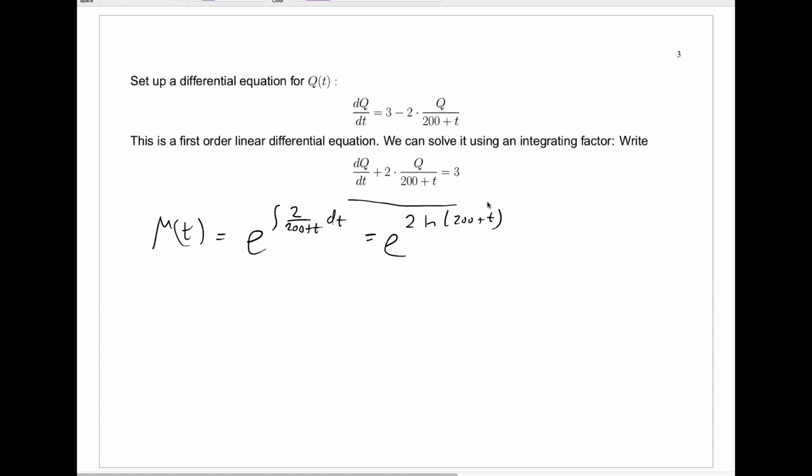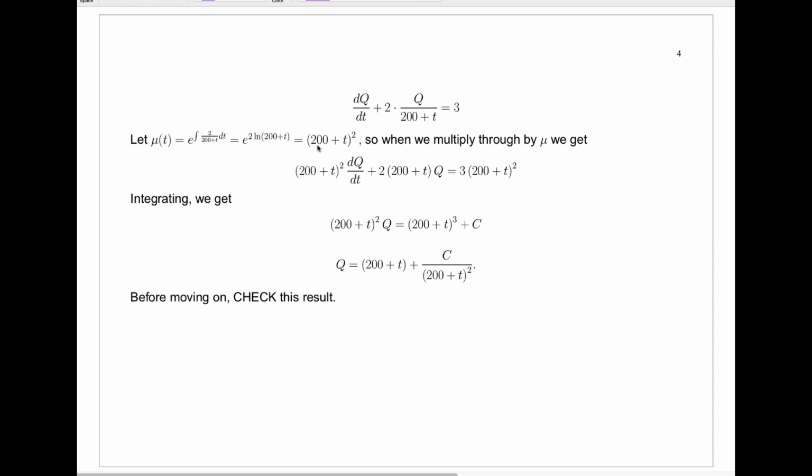We don't need absolute values here because t is going to be greater than or equal to 0. The whole situation begins when t equals 0, and we're only interested in positive t's. And how does this simplify? e to the log of 200 plus t is just 200 plus t. And because of that 2 there, that will be squared. So there's our integrating factor.